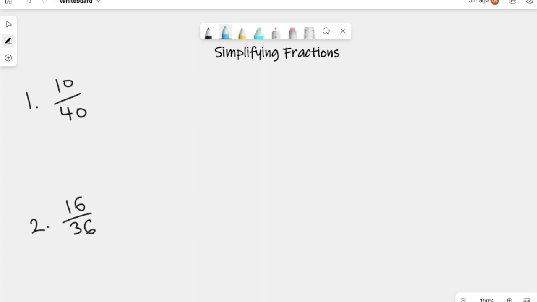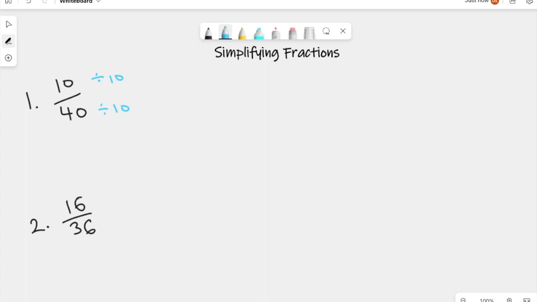But we can see that in our first fraction, both of these numbers are a multiple of 10, so they have a zero at the end here. We can say that 10 goes into both our numerator and our denominator.